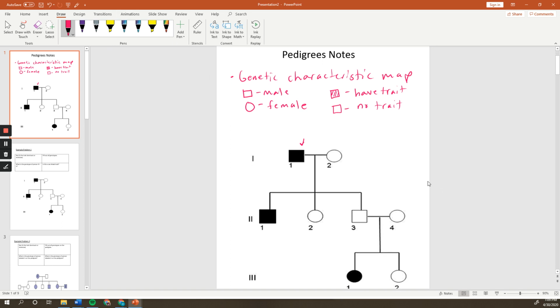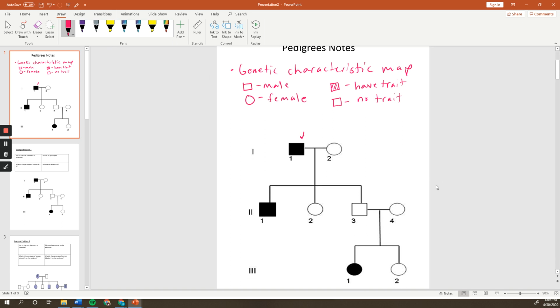Okay, so just some basics on this. When there's a line between two people, they have children together. The children are signified by a line that goes down from there, and then out, and then down to the top of either a circle or a square.